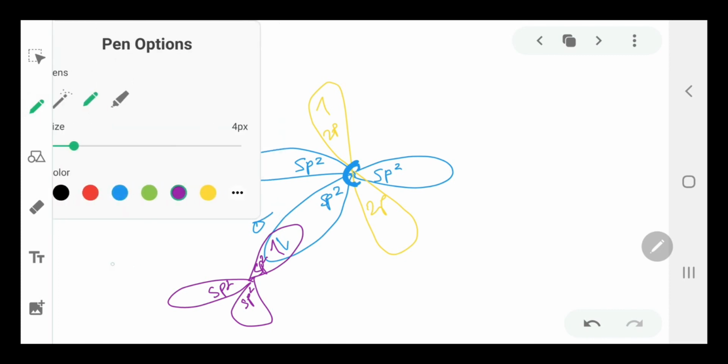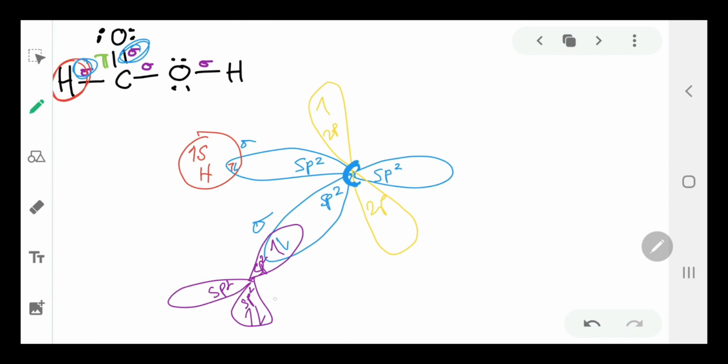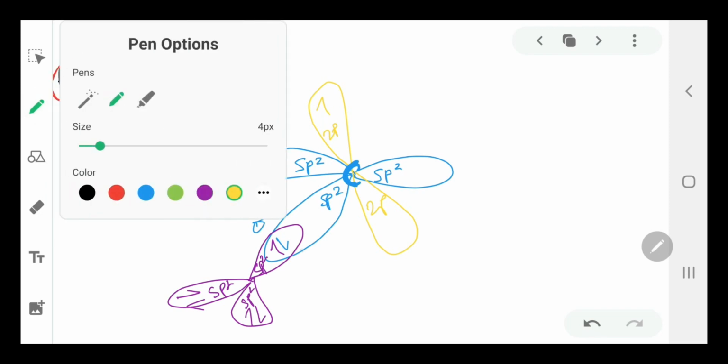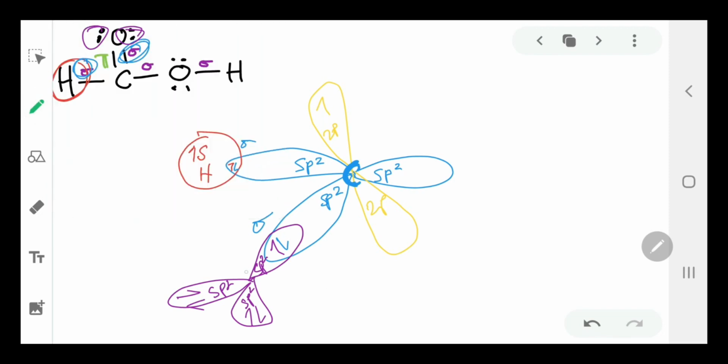And you do need to remember that over here you have one lone pair and another lone pair right there. And don't forget this one, 2p, 2p, there. So this is the pi bond, that one.